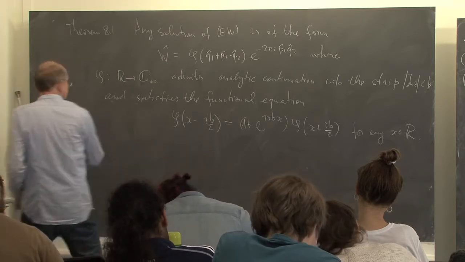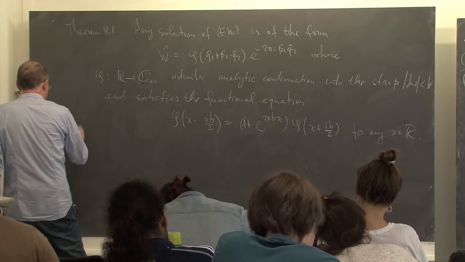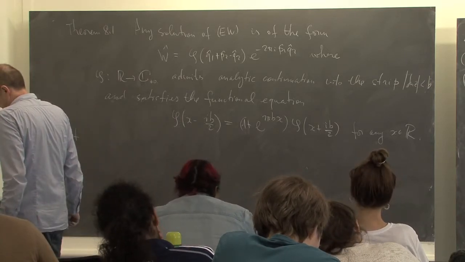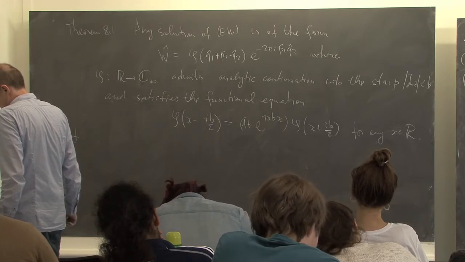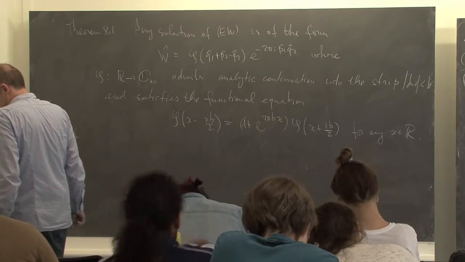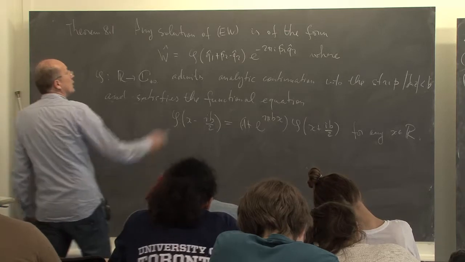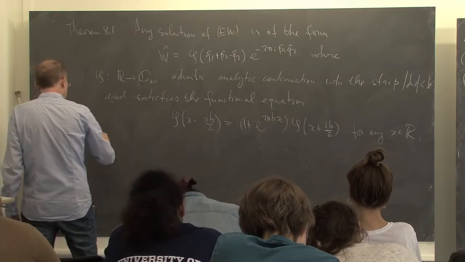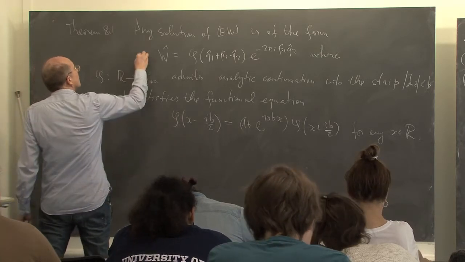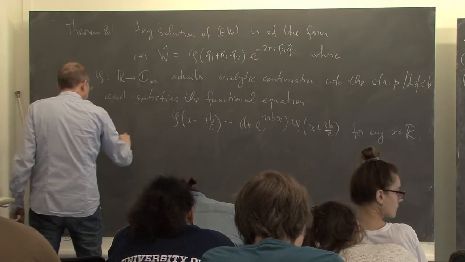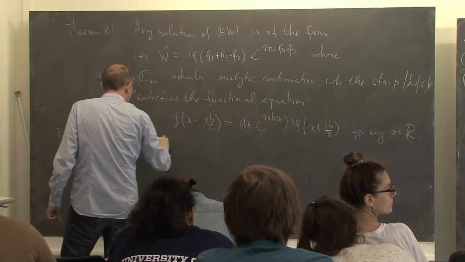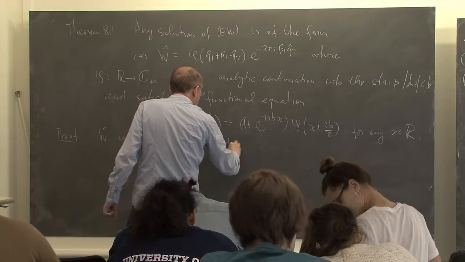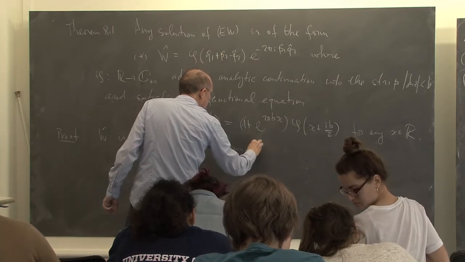So let us see how the proof goes. So we keep this. W is given by star due to lemma 8.1, right?